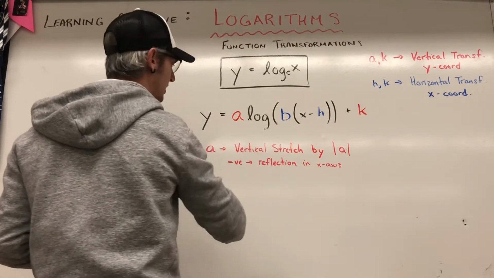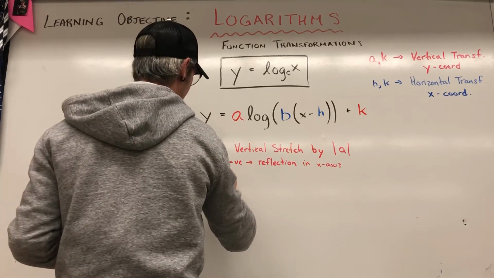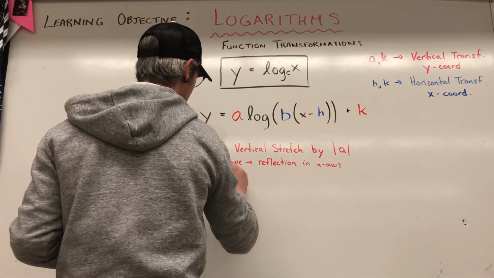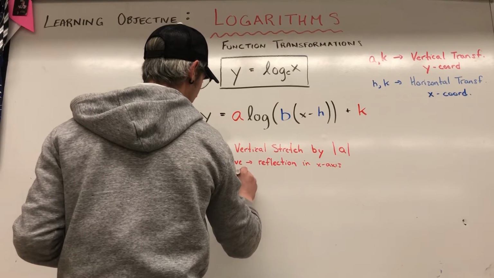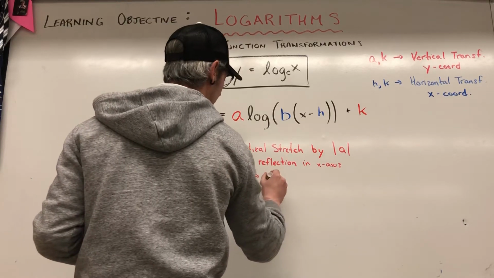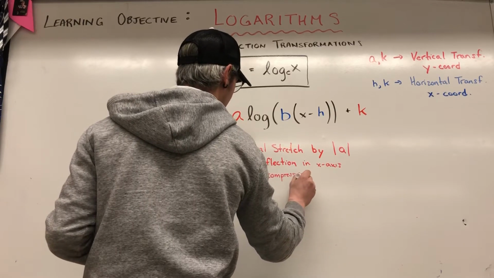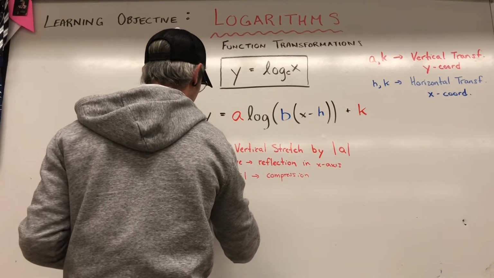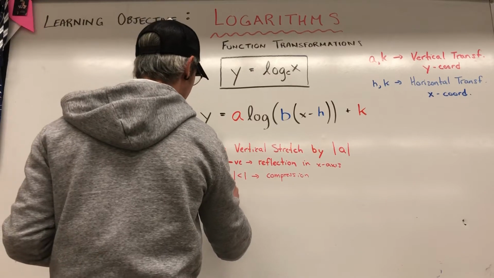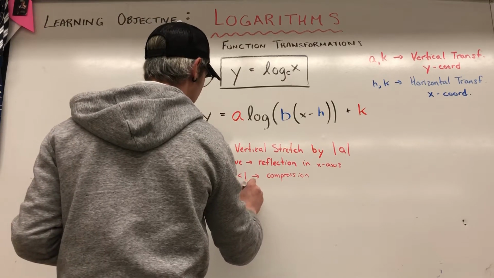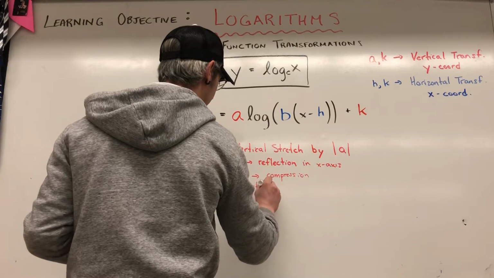If A is equal to 1, nothing happens. And if the absolute value of A is between 0 and 1, we're going to get compression, just like every other function transformation. And if the absolute value of A is bigger than 1, it's going to be a stretch. Okay?